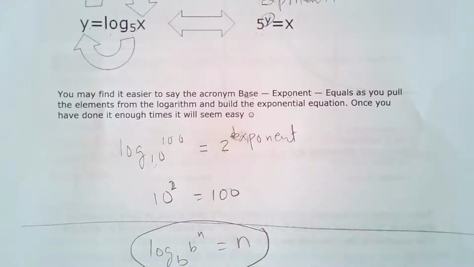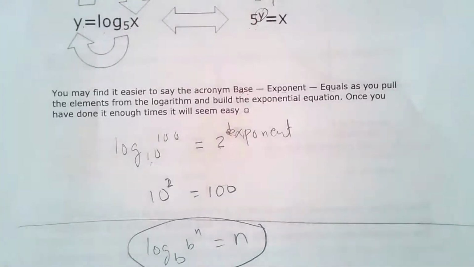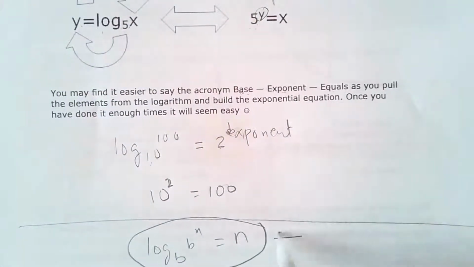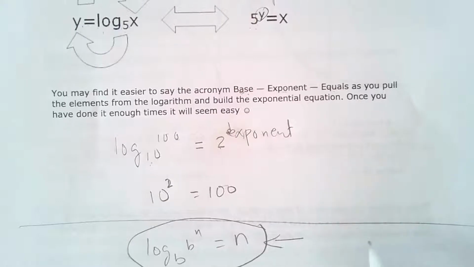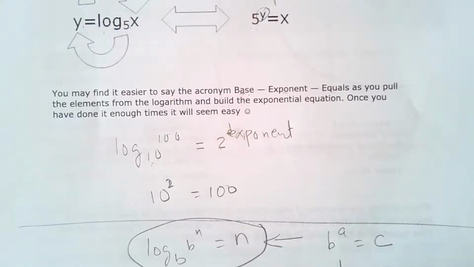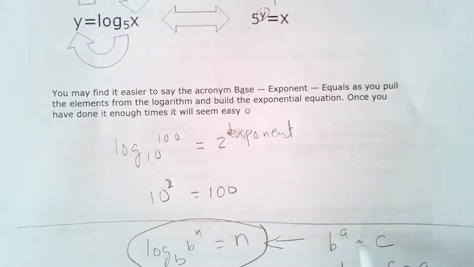So we'll be using this frequently to evaluate logs other than base 10. Remember, we're using this a lot. We're also using b to the a is equal to c, because log base b of c is equal to a, so the exponent.